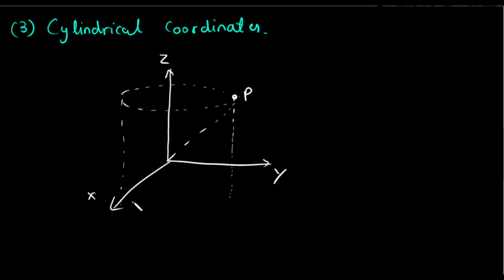If we can draw a cylinder, right now we have to find the radius of this cylinder. So this is the cross section area.